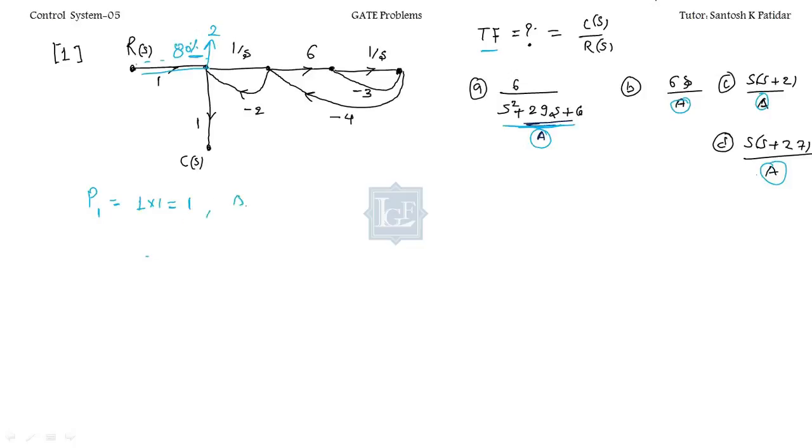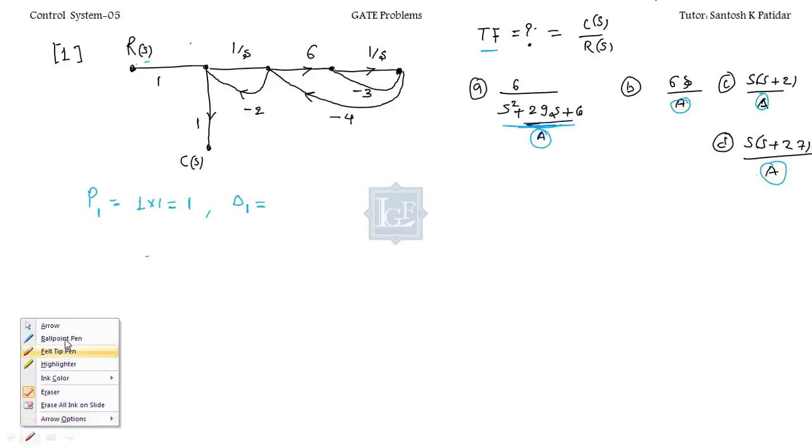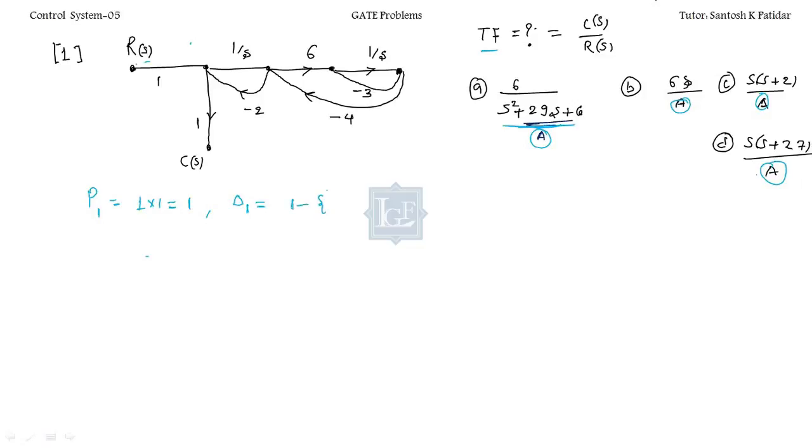Now find out the del 1 corresponding to that forward path. So this is the forward path over here. Let me erase some parts. Wait a minute. So what is the del 1? 1 minus the sum of individual loop gains which are non-touching with this path.